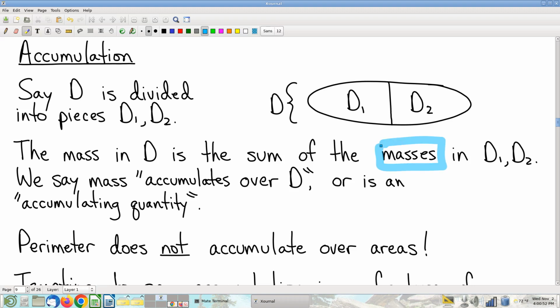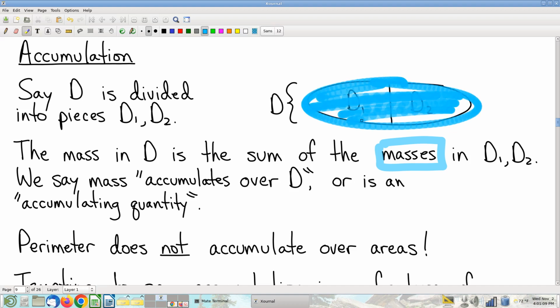Is it true, I ask rhetorically, that the mass there plus the mass there gives you the mass of the whole? Well, of course it does.